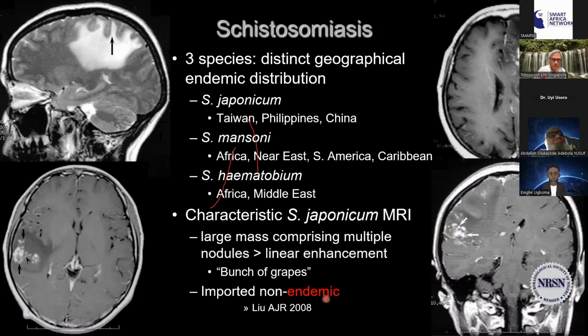This is important because this disease is very often imported by patients traveling from the endemic areas to the non-endemic areas. And this is very often mistaken for a tumor, and patient undergoes biopsy with a result that is not a tumor, but a parasite.